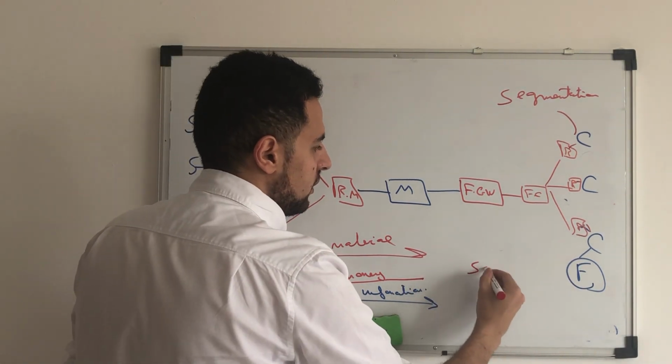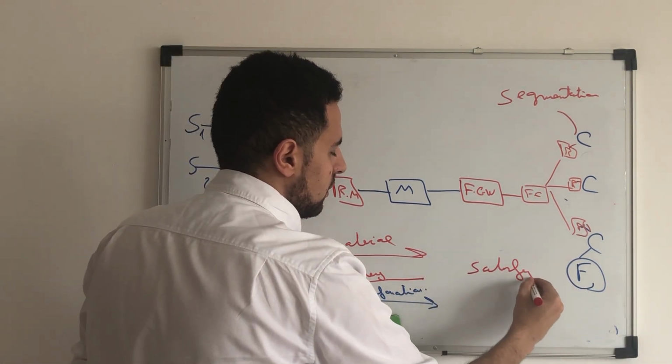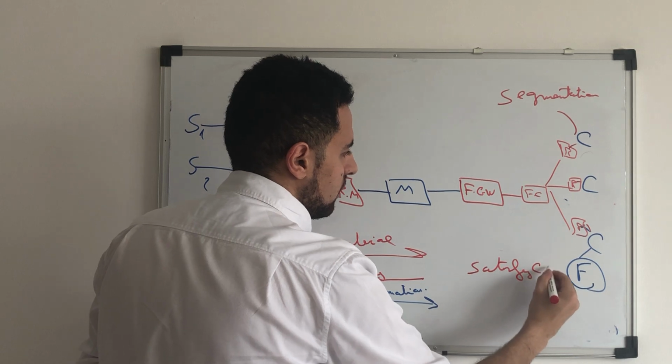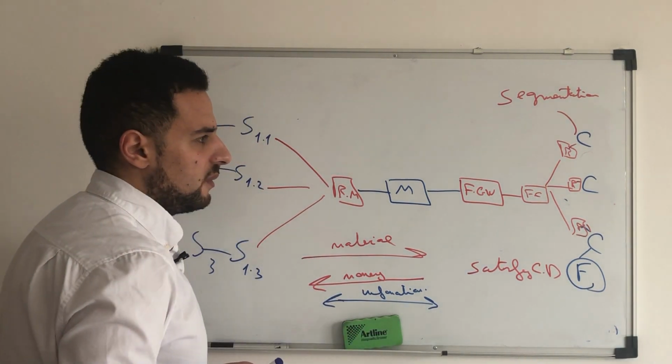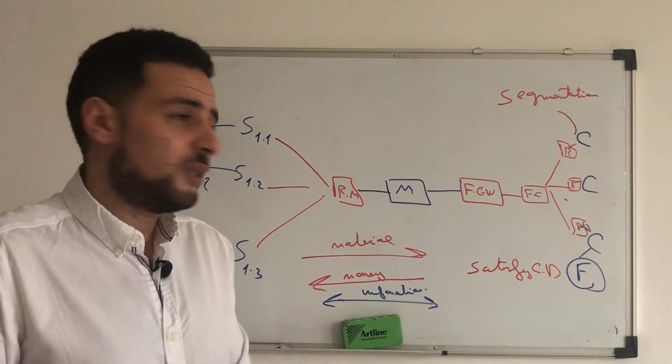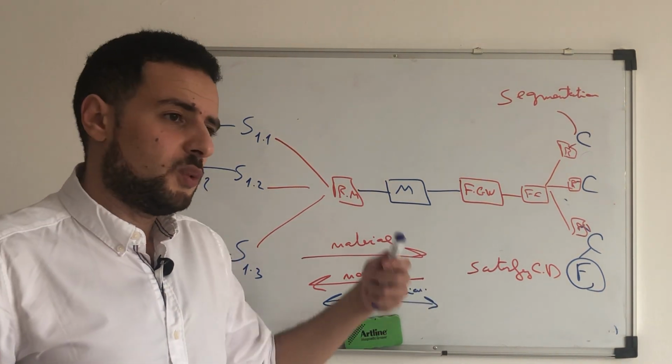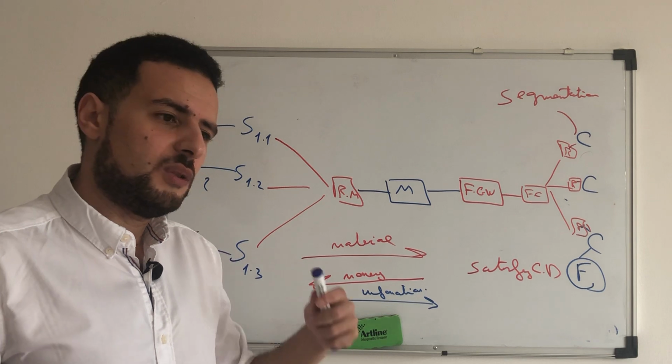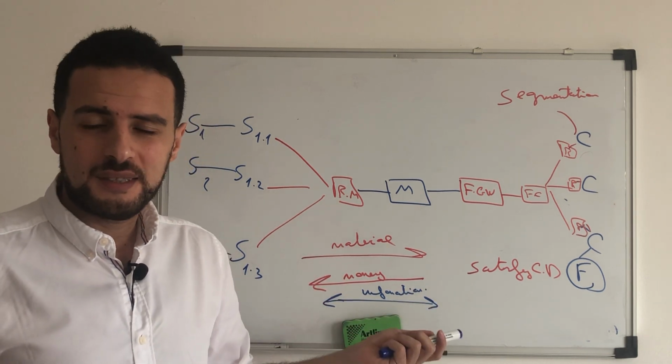satisfy customer demand and for sure try to reduce the cost, not to have many costs. I don't want to stock too much. I don't want my products to go to waste. I don't want my products to be obsolete.